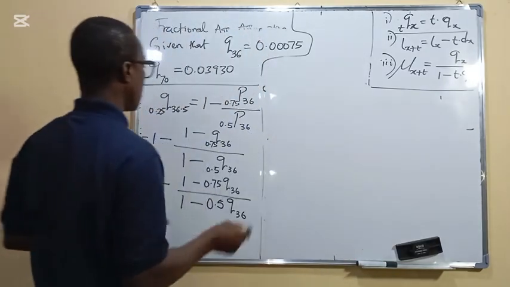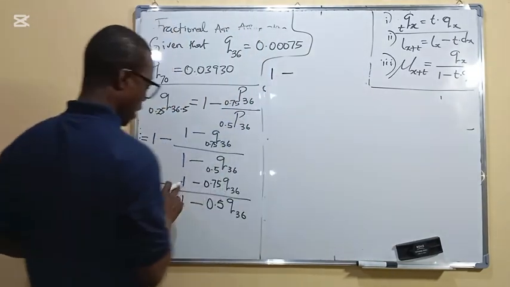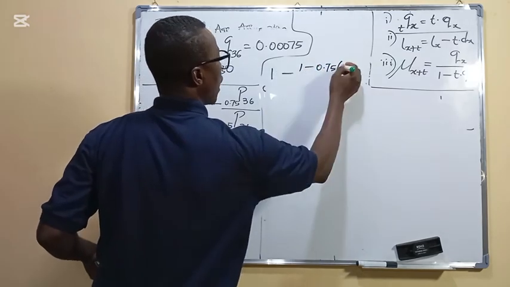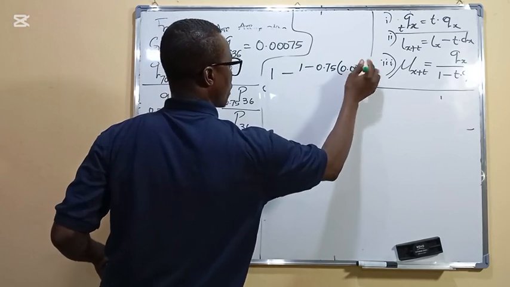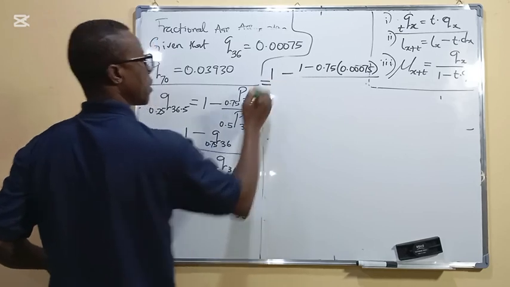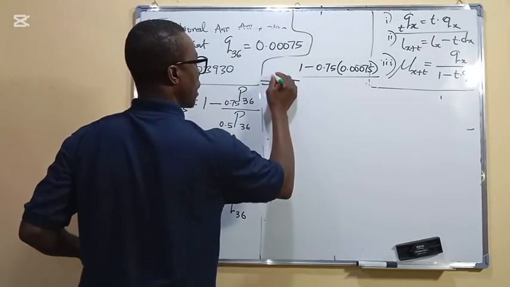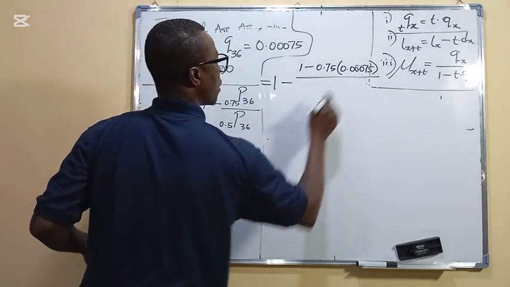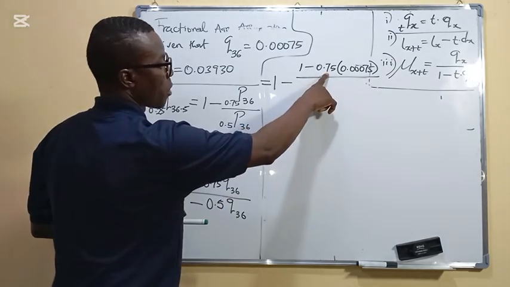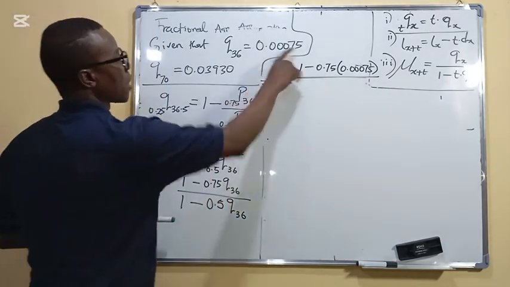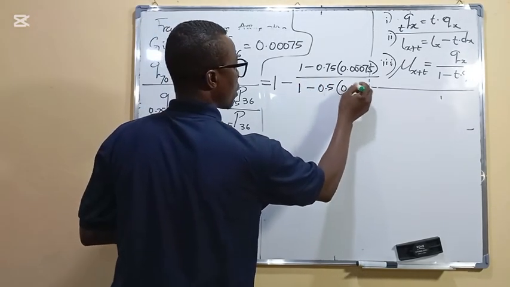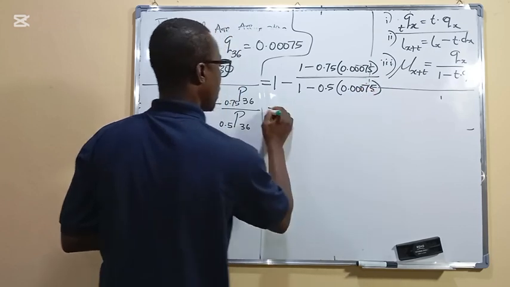So this becomes 1 minus, and then I have 1 minus 0.75 into 0.00075. So don't forget that this is minus and 1. We see that here is 0.75, and then Q36, which I'm having here. Then here will be 1 minus 0.5 into 0.00075.